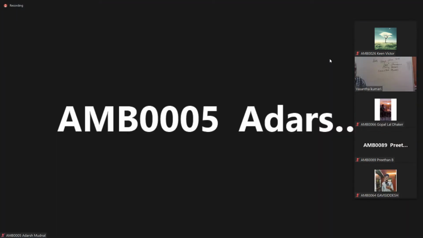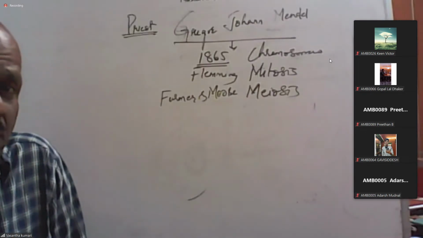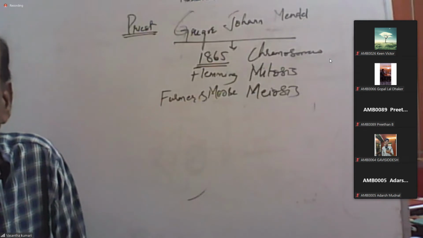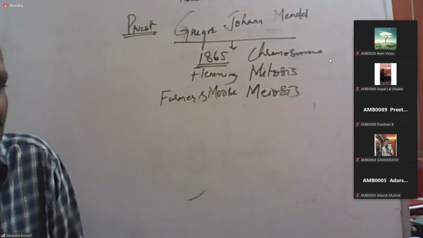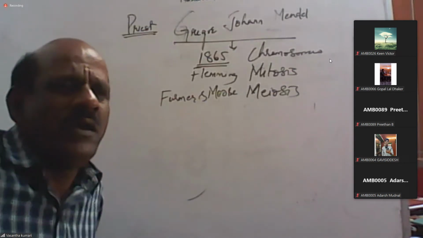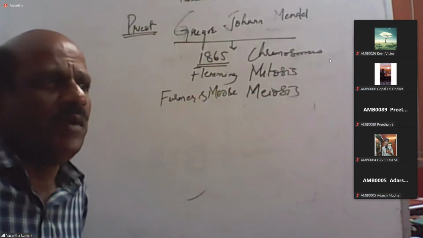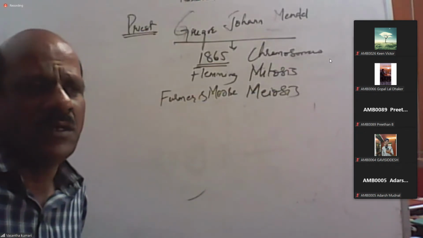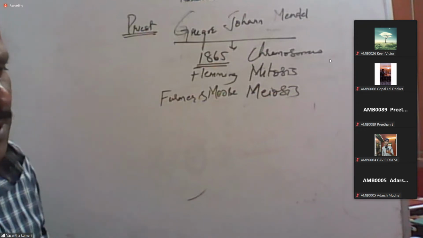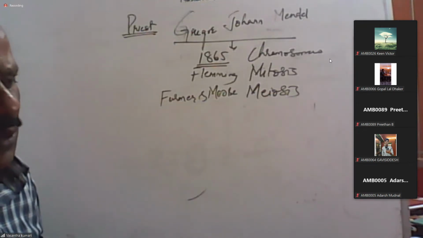And please see all these events. All these events took place after Mendel proposed his rules or concepts of inheritance. That means to say that Mendel had no idea about mitosis. Mendel had no idea of meiosis. Mendel did not know what were the factors and where the factors were sitting. He called them factors, which we now know as genes.